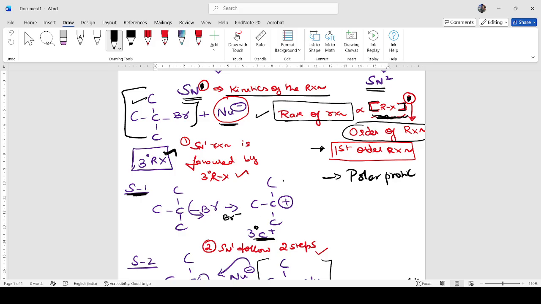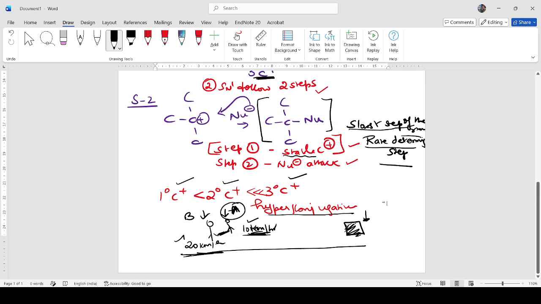We understood that the slowest step of the reaction is step number 1, where you create the carbocation, and the order of the reaction is determined only by the concentration of the reactant. And what kind of product do you get? You get a racemized product. That means you get both plus and minus forms of the product. This is with respect to SN1.